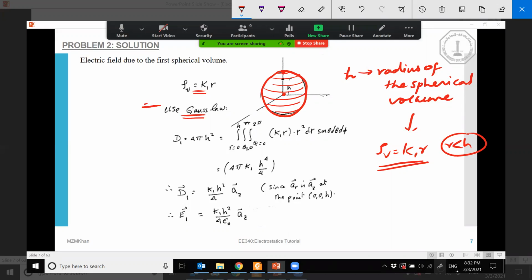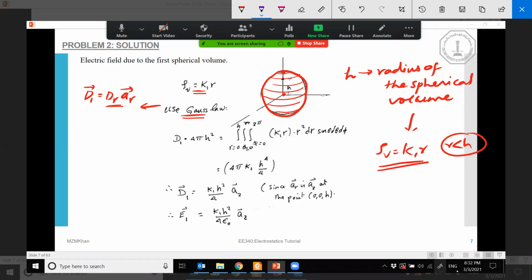Again, we know it very well, just to share with you, D1 bar will have only one component, D_R a_R, because the charge is here, so the field will be radial like this. So therefore, we need to find only this one. So now I need to enclose it in a Gauss's surface, right?